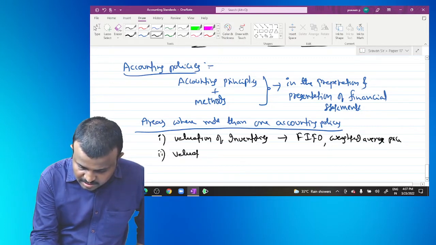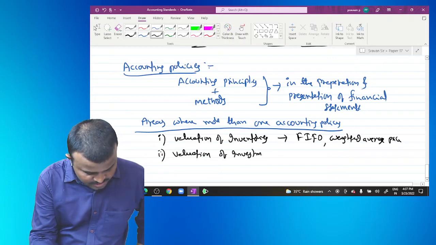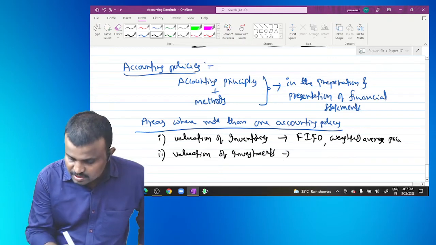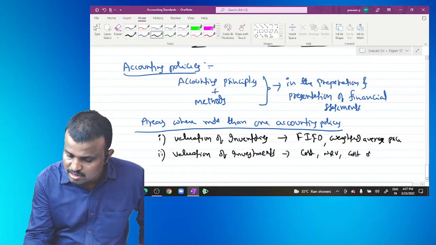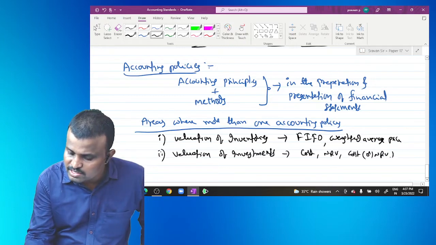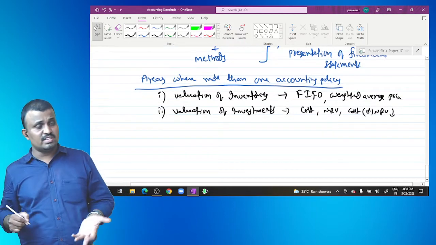And valuation of investments. Investments are valued either at cost or NRV, cost or NRV whichever is less, or cost or fair value whichever is less.